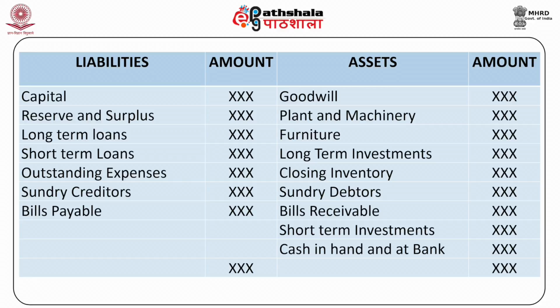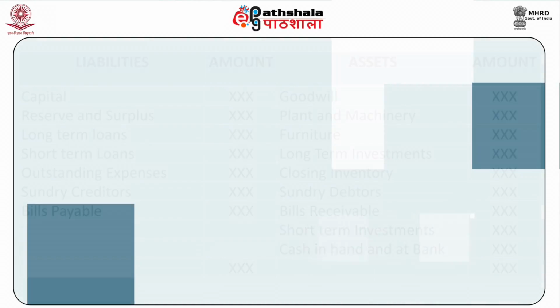Now here on the liability side, we start with capital followed by reserves and surplus, long-term loans, short-term loans, outstanding expenses, sundry creditors, bills payable and the total of them. On the right hand side, assets start with goodwill, plant and machinery, furniture, long-term investments, closing inventory, sundry debtors, bills receivable, short-term investments, cash in hand, cash at bank.